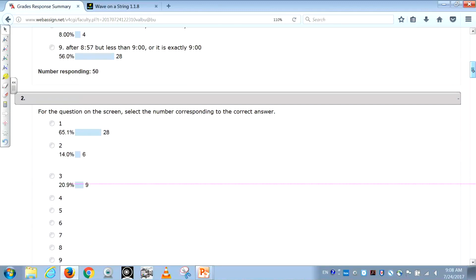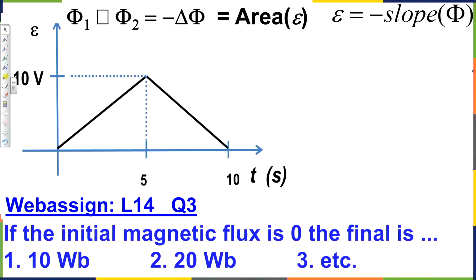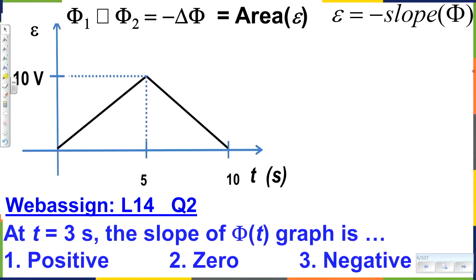We do have some distribution, but we also have a winning answer. One equation relates area, the second equation relates slope. Since we are looking for the slope, the natural choice is equation number 2, right?